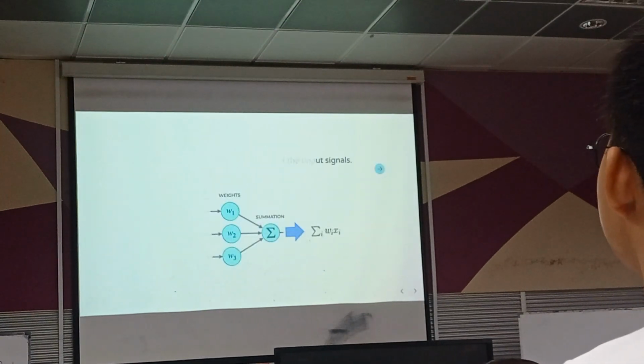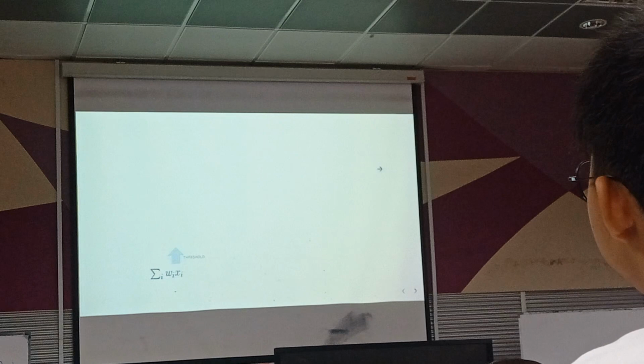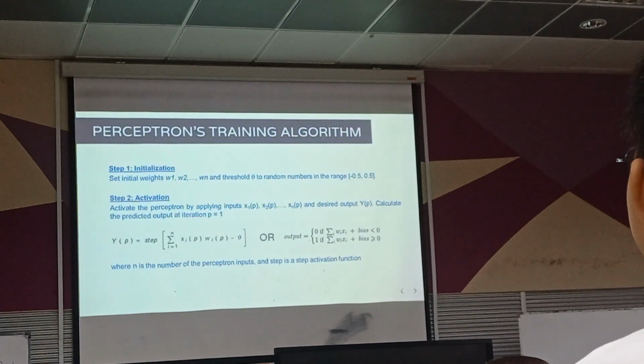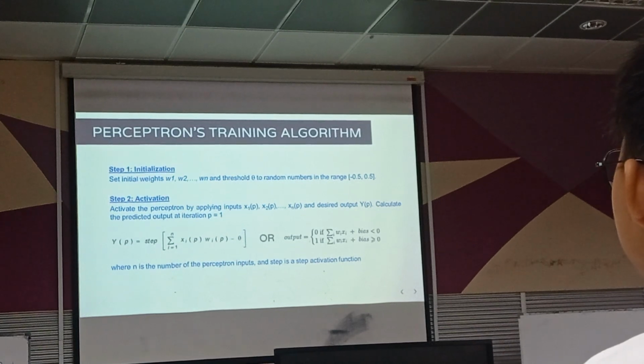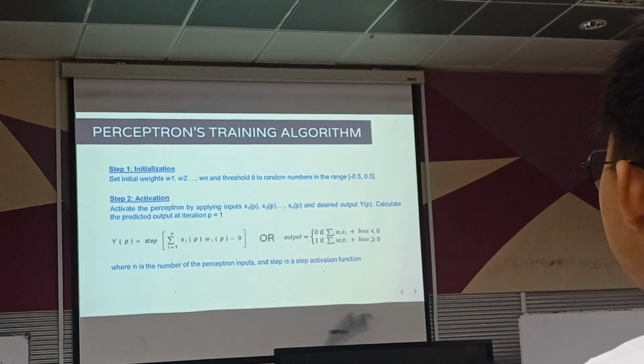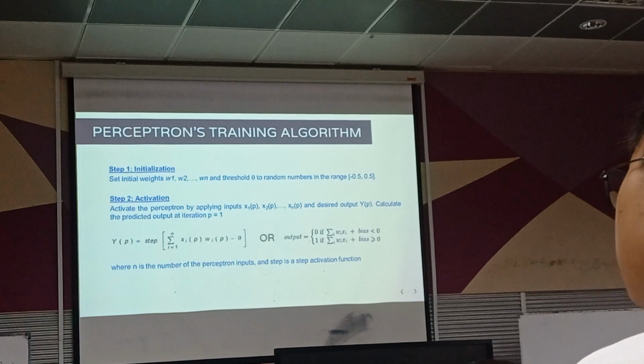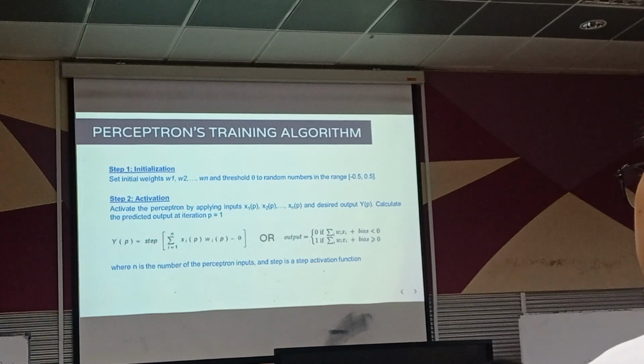Okay, so in the next slide, the perceptron training algorithm. Now let's see step by step how this perceptron is being built. Assume that I want to build a model to predict gender. So we have x1 and x2.